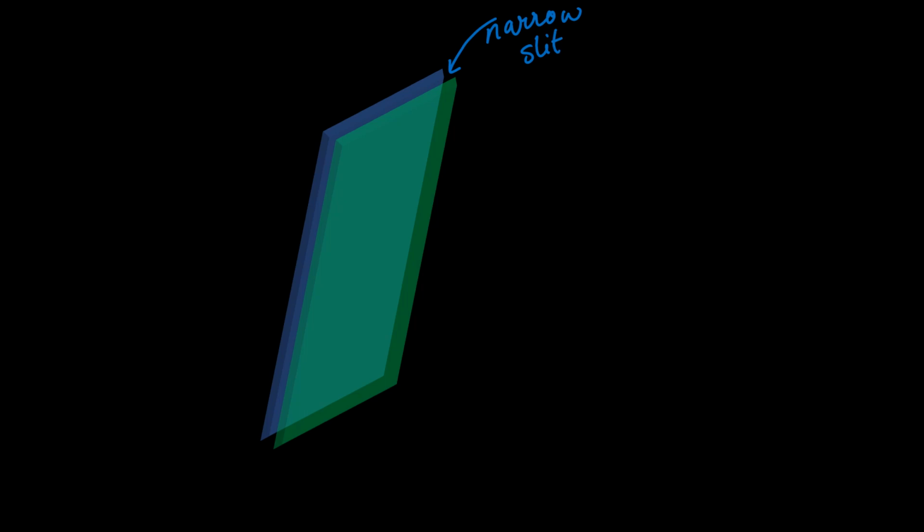So there is a small gap in between these two plates. That gap is of length twice B, while the plate has width W and length L.